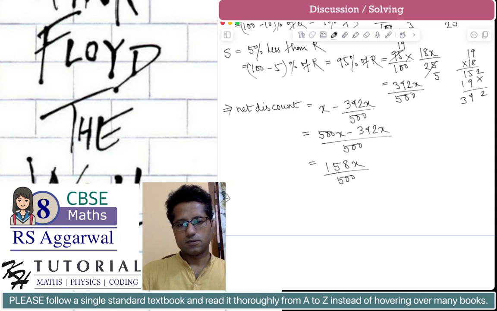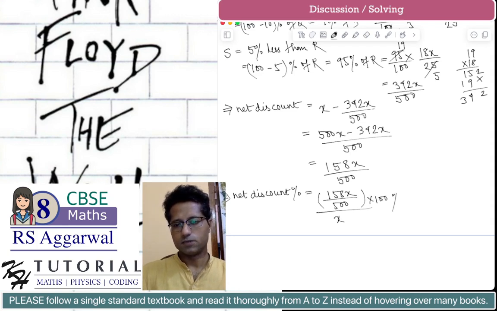So this implies net discount percentage will be equal to 158x by 500, divided by the mark price, that is x, multiplied by 100 percent.